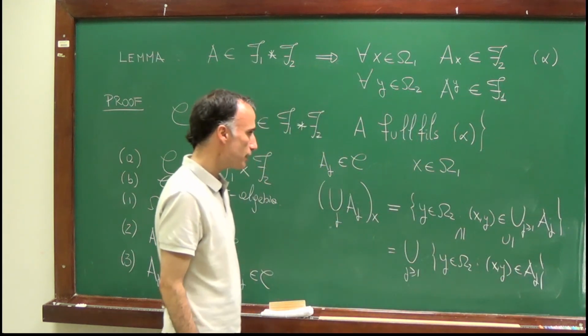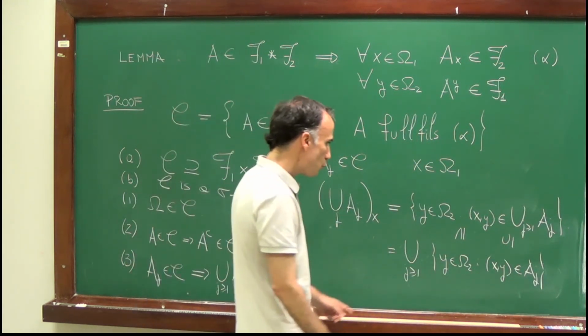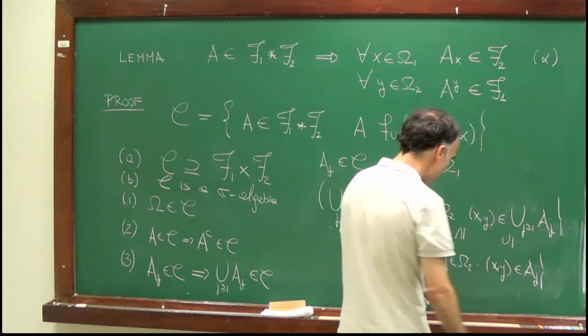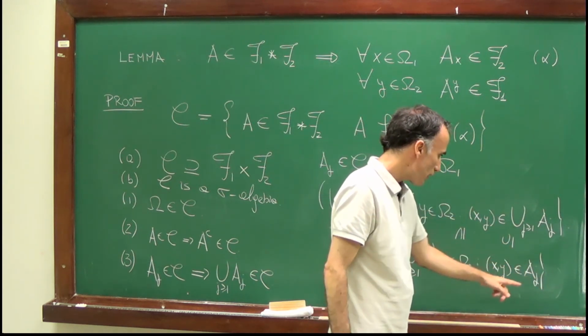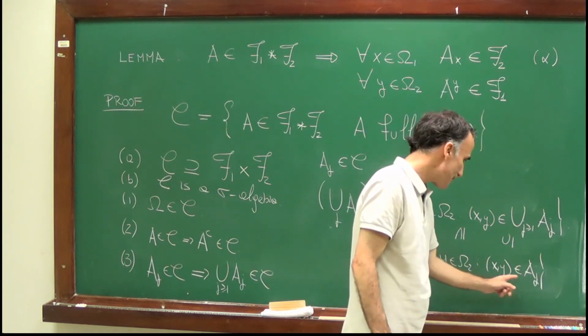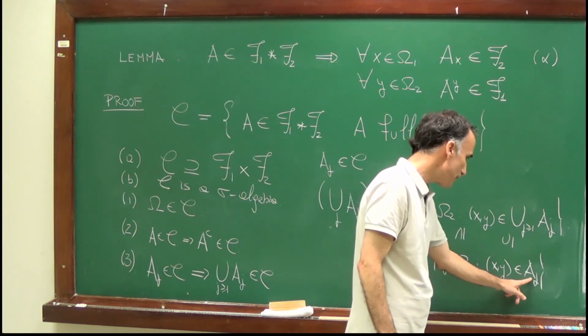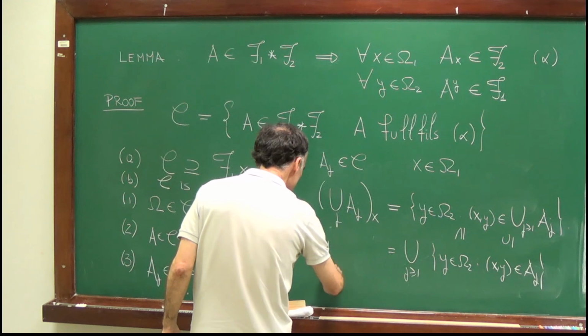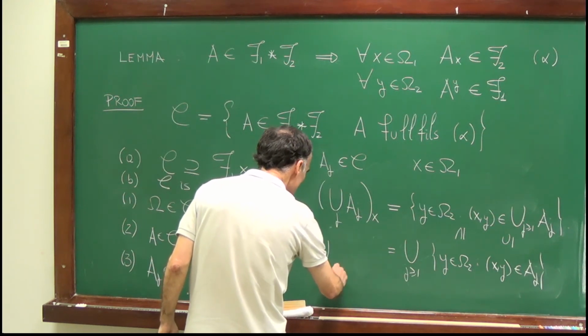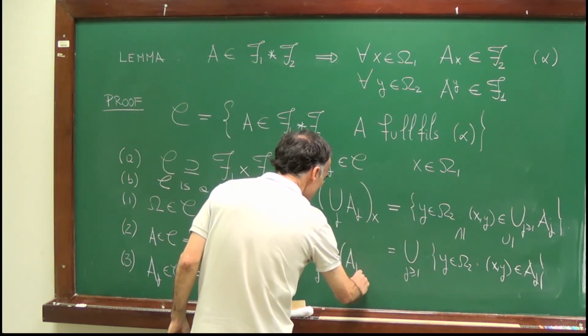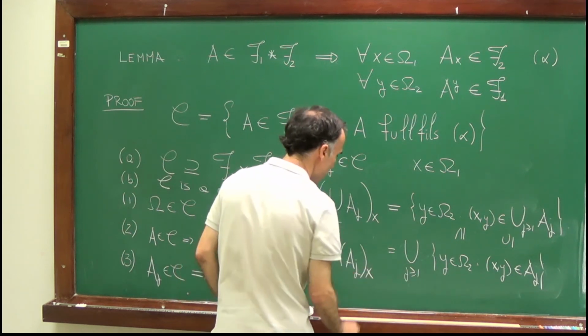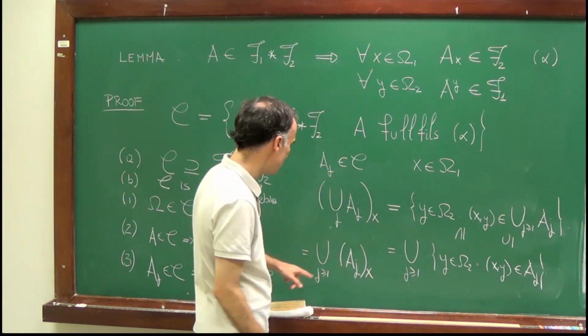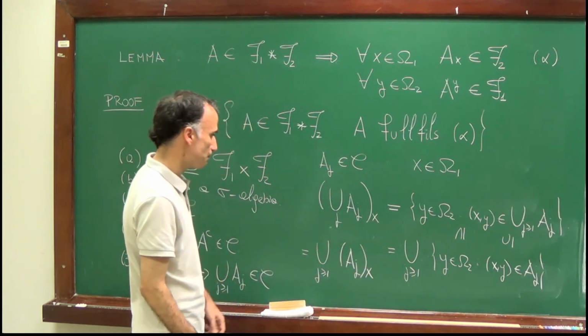So these two sets are equal, but what do we have here? Well, here we have exactly the section at x of the set A_j. So we proved this identity.